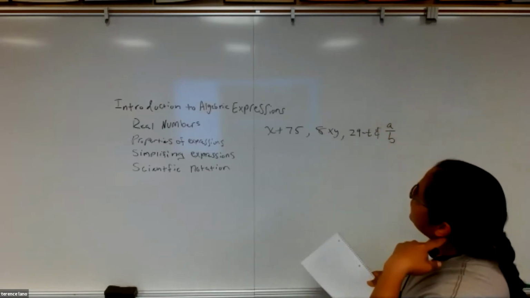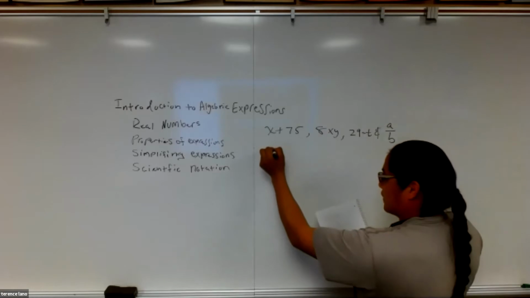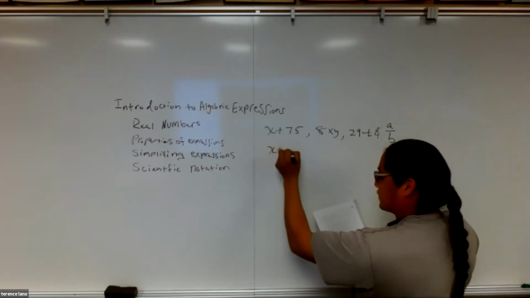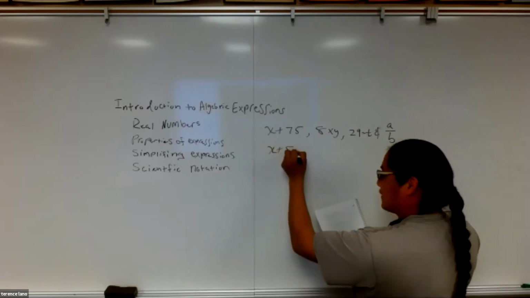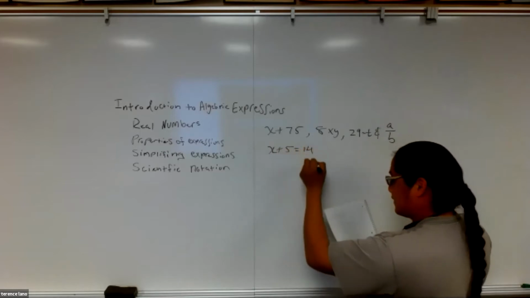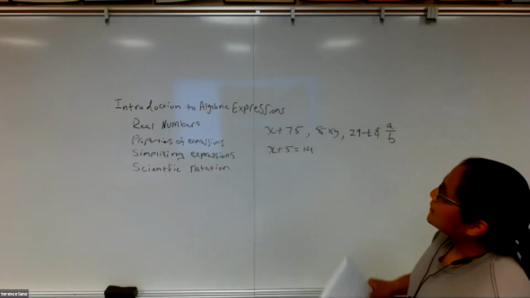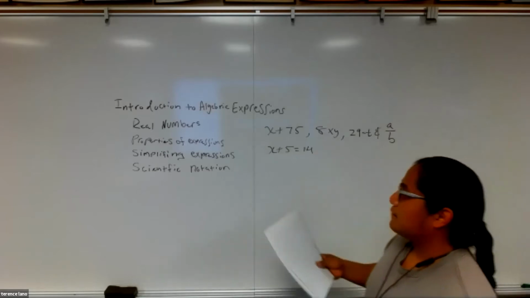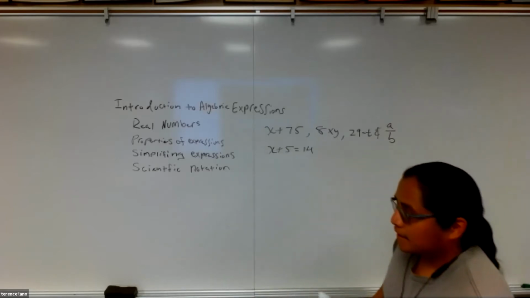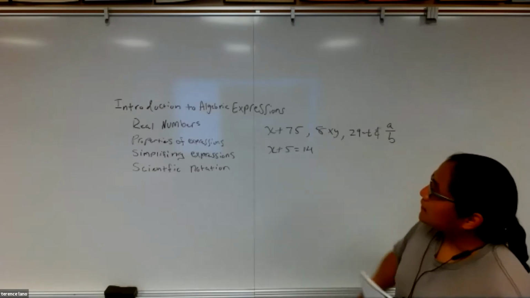These are just some of the examples. We could have x plus 5 equals 14, and in this expression, they're just asking you to isolate x, to find a number that will satisfy this equation.